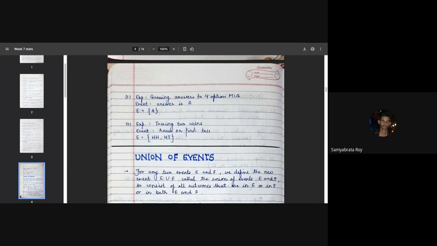Suppose I say the occurrence of event A or event B. This is nothing but the union of events. I am combining two or more events.